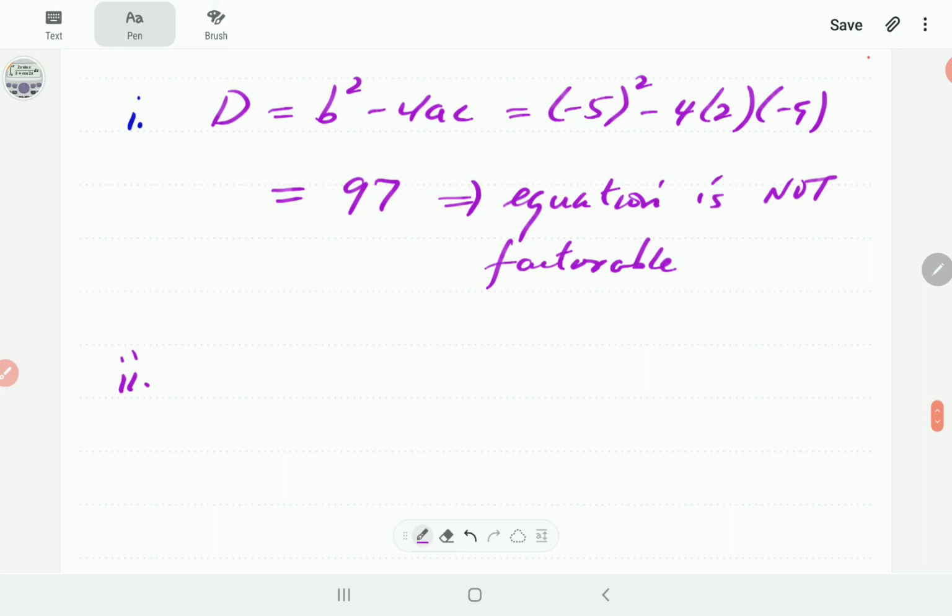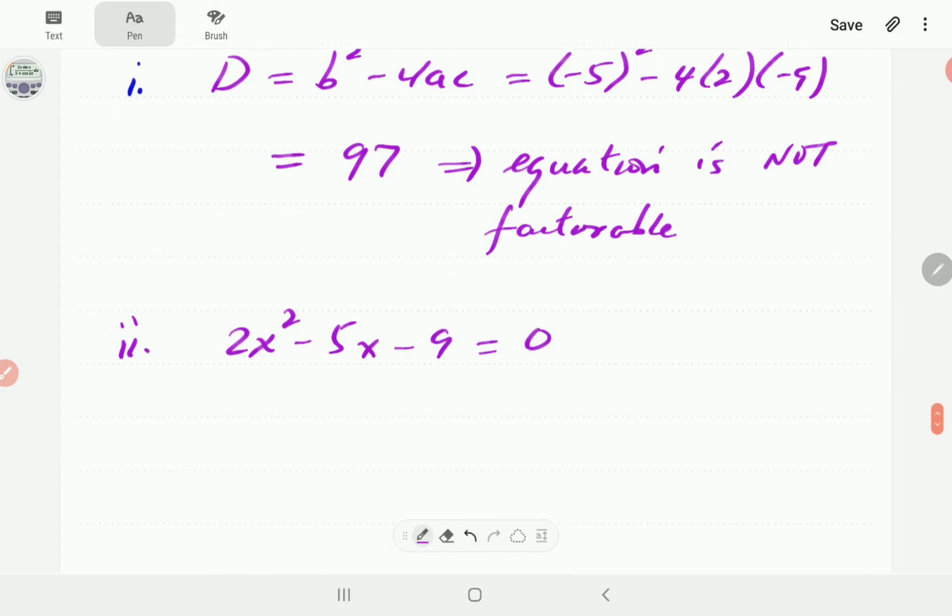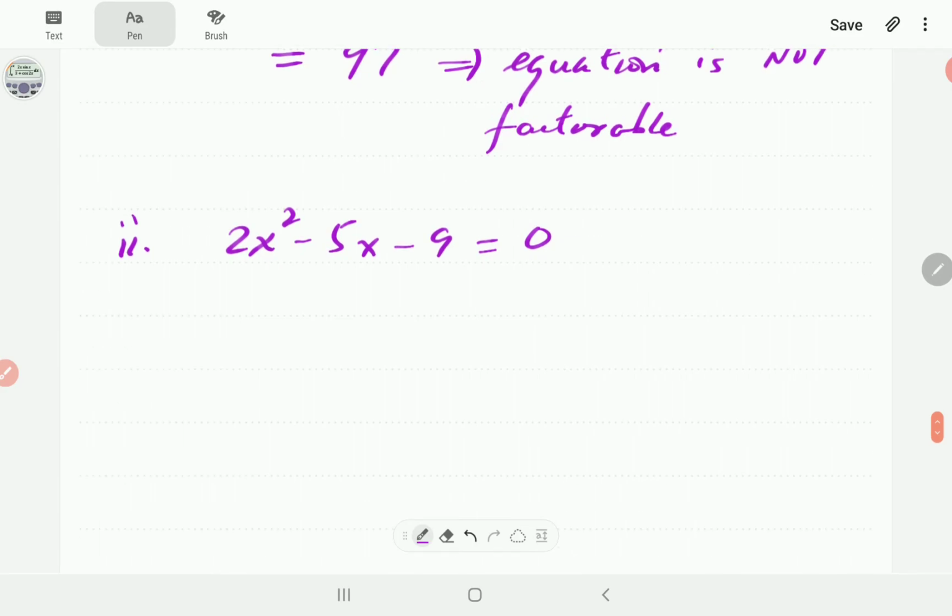Of course, that doesn't mean that the equation does not have a solution, because the discriminant is positive. This equation will have a solution. It's just that the solution is not going to be a rational number, so that's why the factorizing method is not applicable.